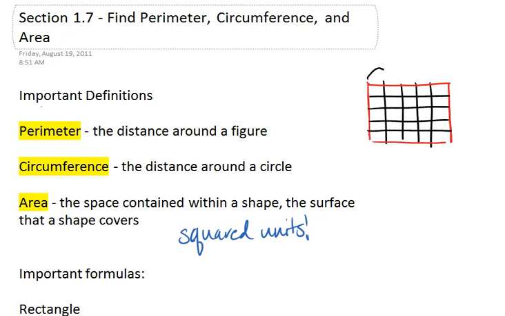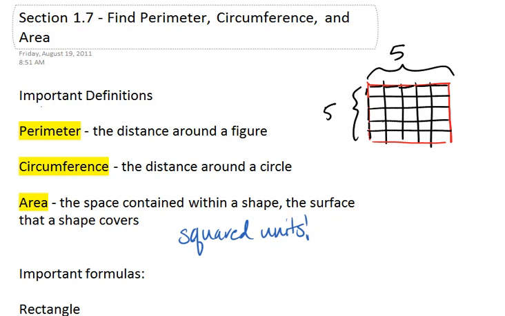Okay, so our square is 5 units by 5 units, which it should be because it's a square, and a square is a regular polygon. So if we remember from last unit, that means it has congruent sides and congruent angles.